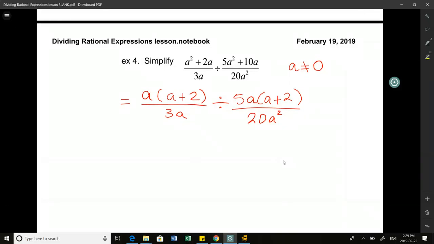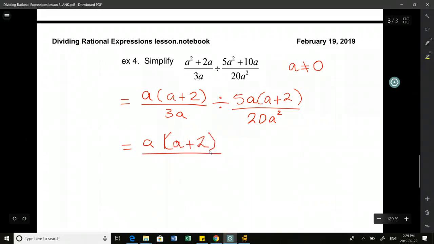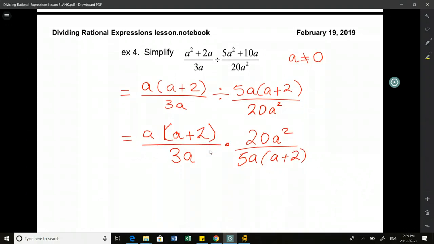Okay, now we can do our flip and multiply. You could.